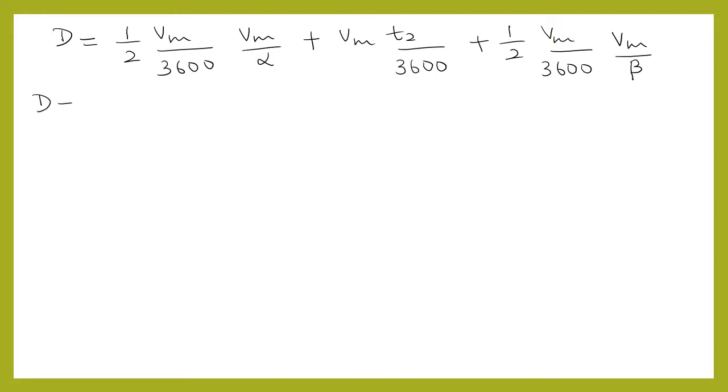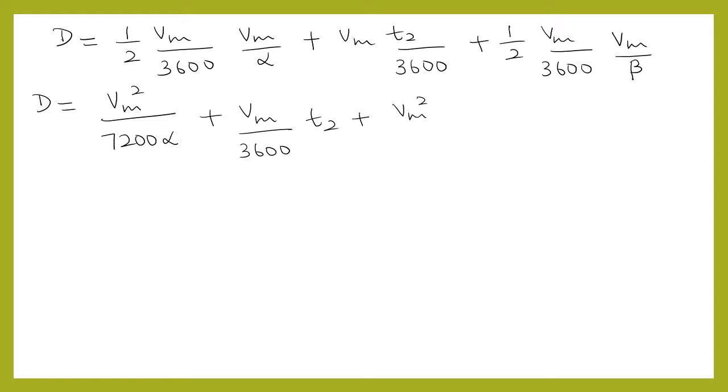So D is equal to Vm square by 7200 alpha plus Vm by 3600 T2 plus Vm square by 7200 beta.